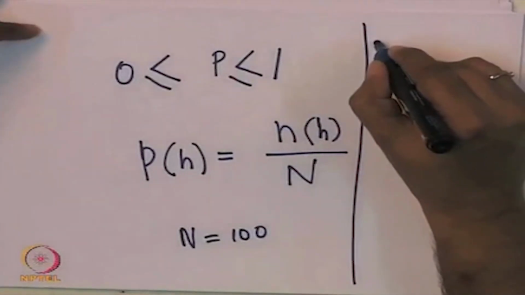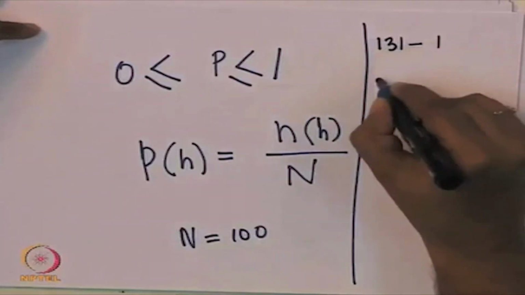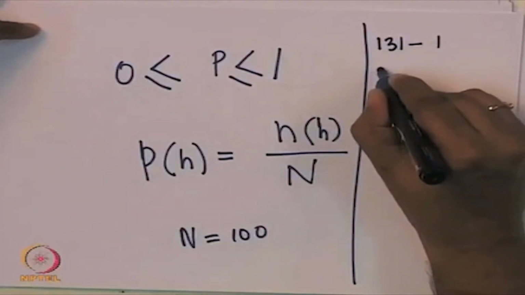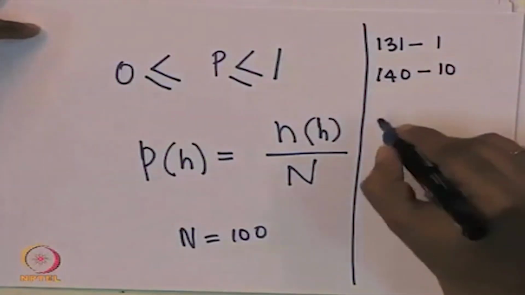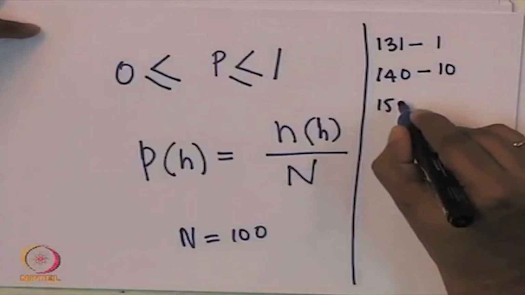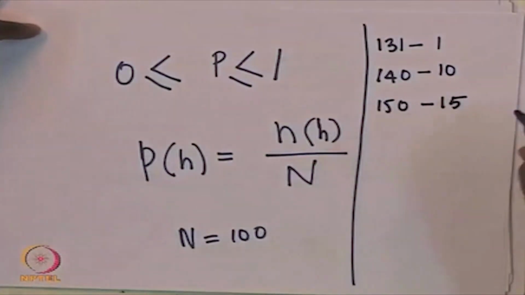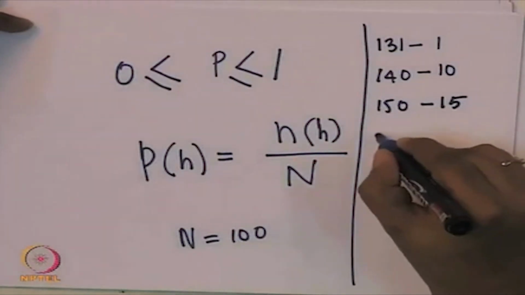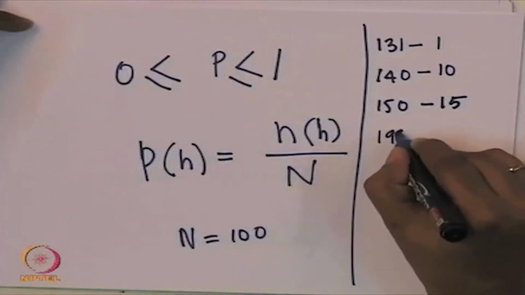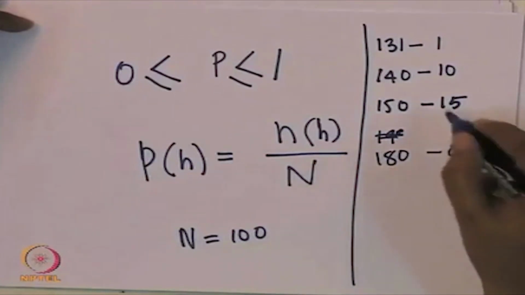Let us say there are one student with height 131 centimeter, there are 10 students with height 140 centimeter, 15 students with height 150 centimeter, and there are 0 students with height 180 centimeter. Let us say this is the case.